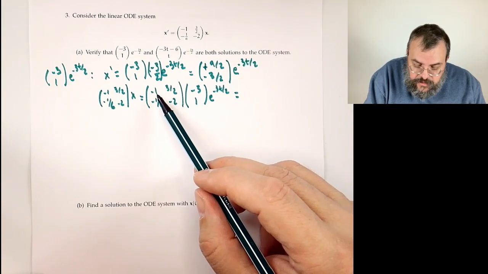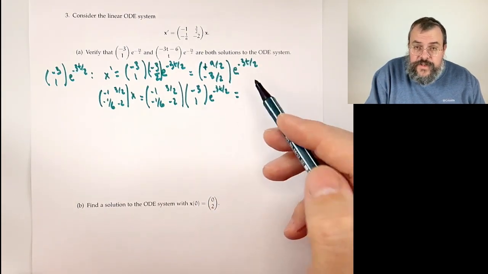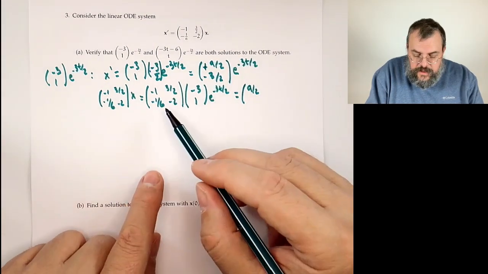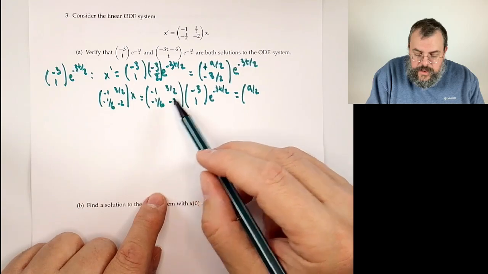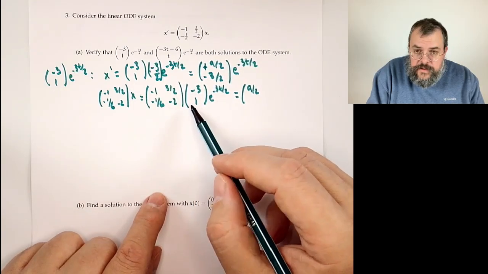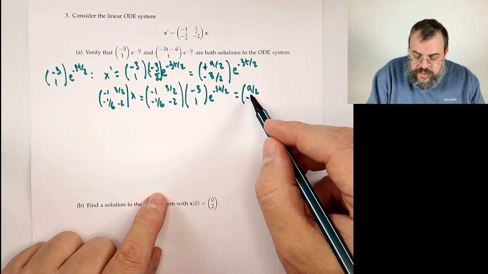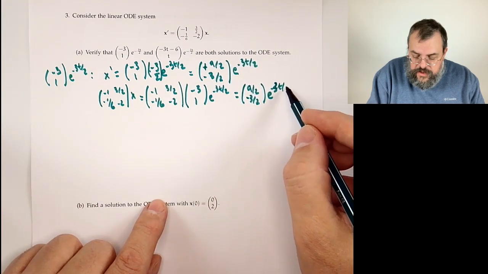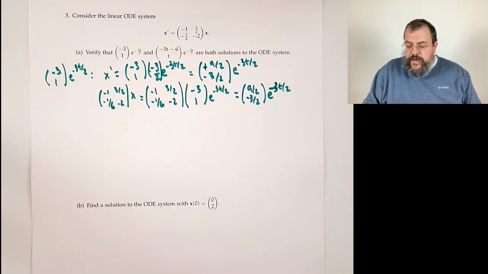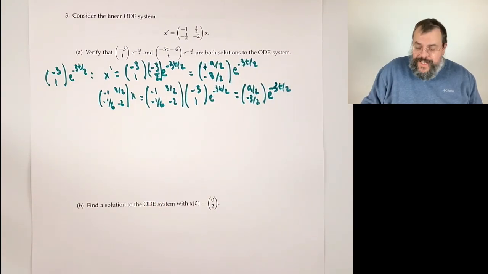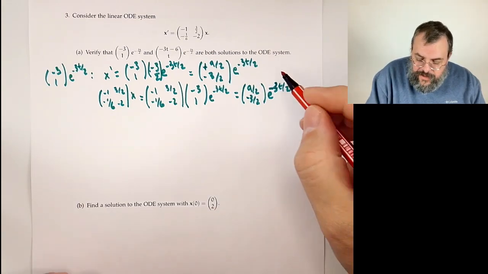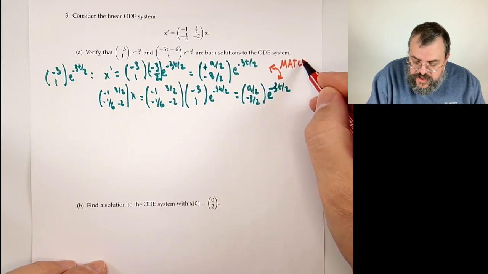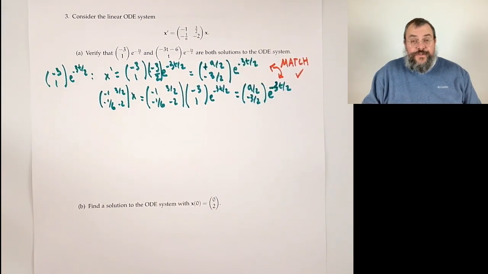Well, 3 is 6/2, then plus 3/2 makes it 9/2. Then we get -1/6 times -3 is 1/2, subtract 2, which is -3/2. And that's e to the -3t/2. Now we've plugged it into both sides, and here is the check. We say, aha, these match, and so it is a solution.